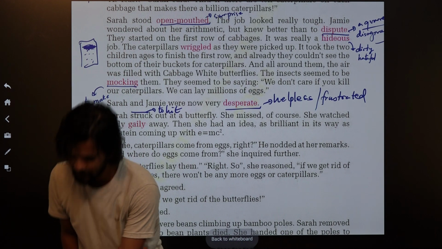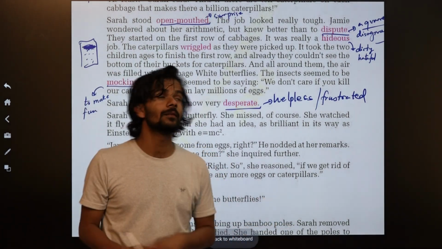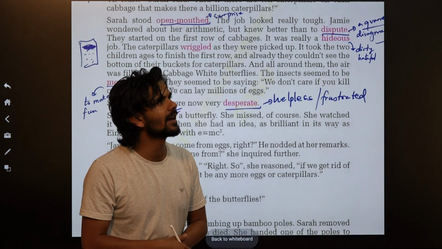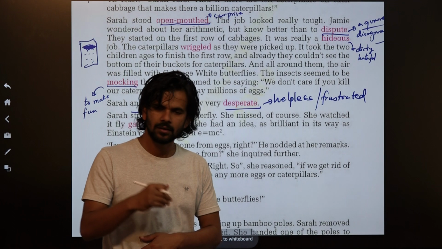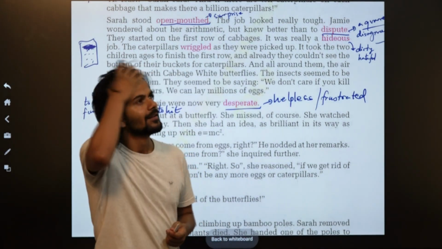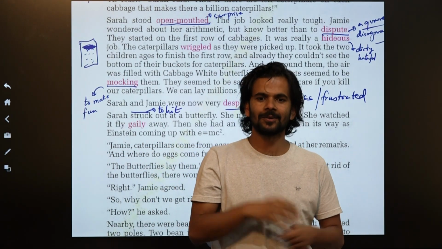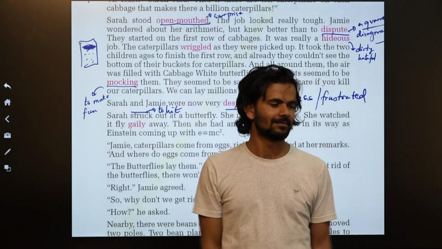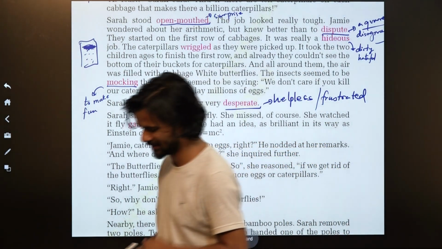She watched it fly gaily away. Strike, past of strike is struck. So she could see the butterfly happily fly. The butterfly was happy, gaily. Gaily means with joy and happiness. Didn't matter at all.